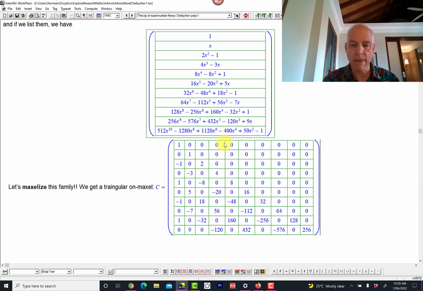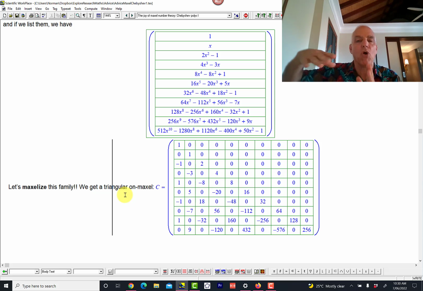And now we get this two-dimensional triangular, I haven't spelled that right. There, we get a triangular Maxel. So a Maxel is a more data theoretic approach to matrices. It's not really necessary that you're completely familiar with that. Just think in terms of a matrix that goes on, so we can extend this by going to the right and down.